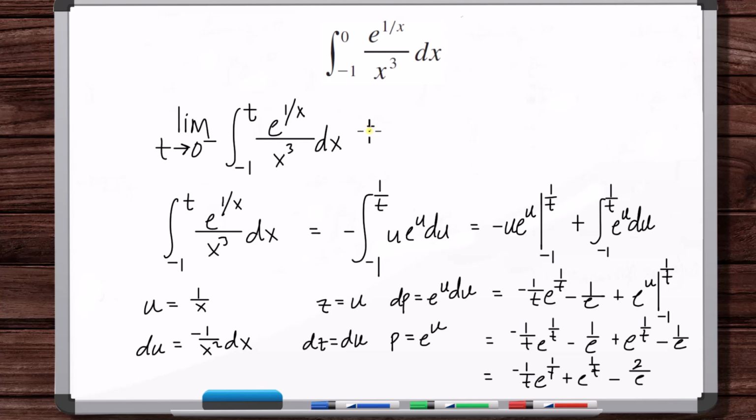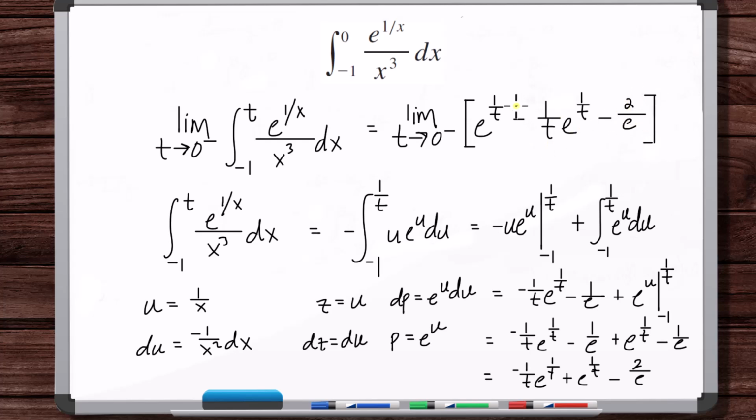Okay, so we've got the limit as t approaches 0 from the left of e to the 1 over t minus 1 over t e to the 1 over t minus 2 over e.